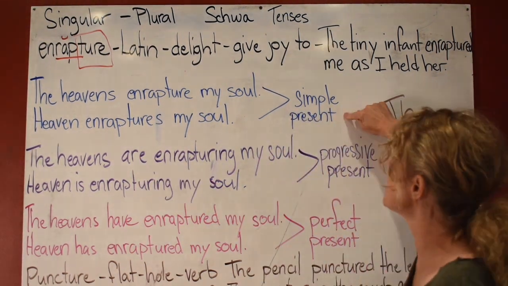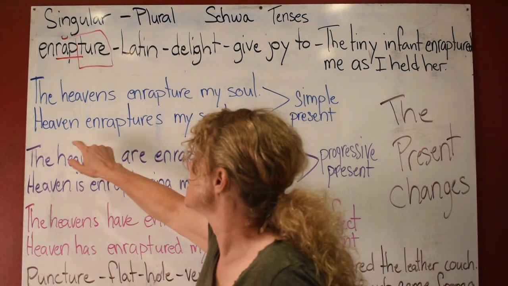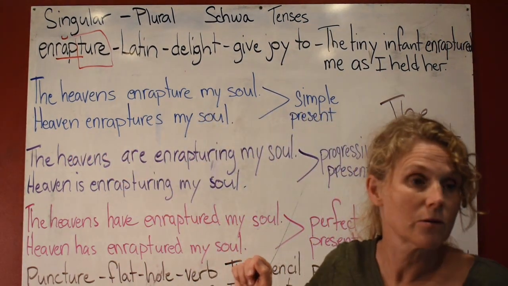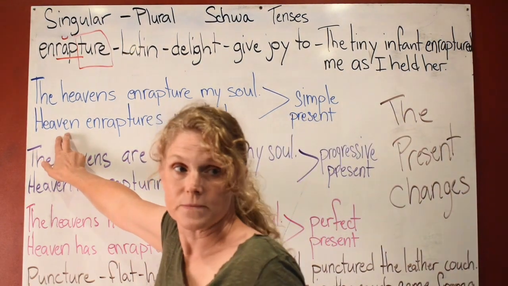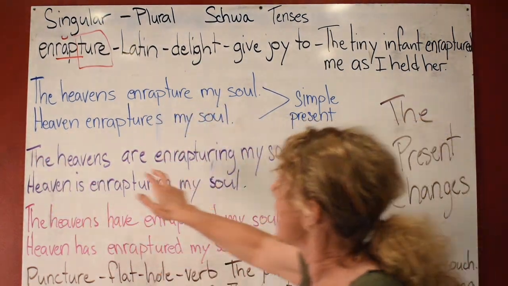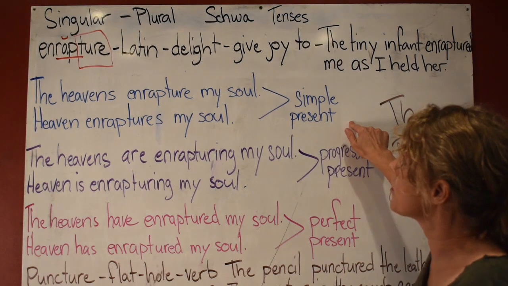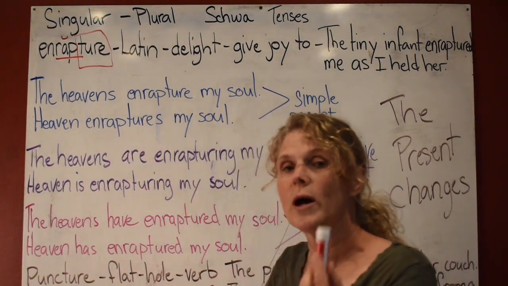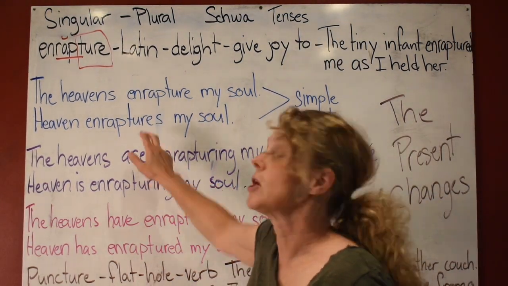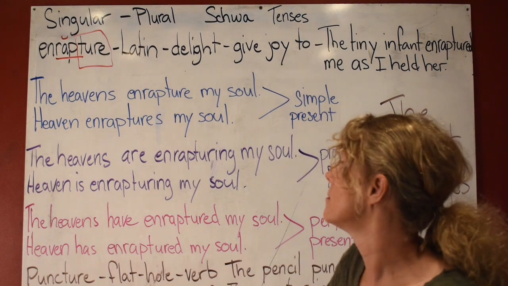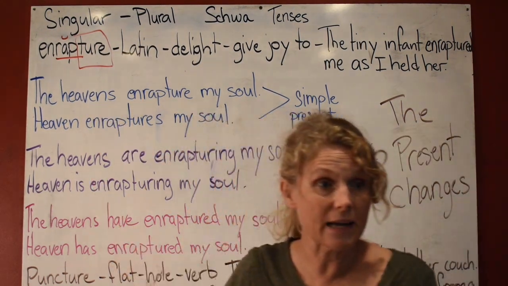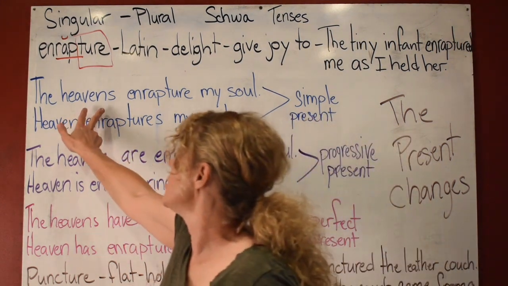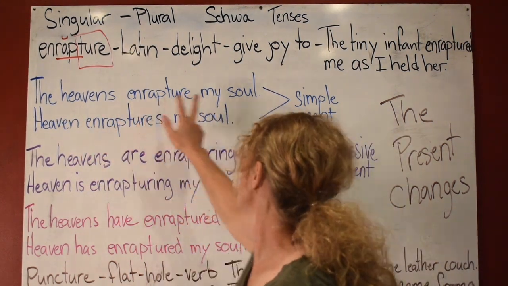Because it's in simple present and it is third person, right? So it has to be in third person and it's simple present. That's when you know to have the s on your verb. So it's super easy to understand it as a noun, but you need to understand it when you're figuring out your tenses.